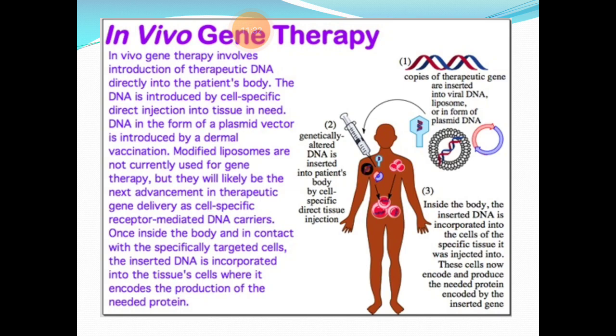So what exactly is done in in vivo gene therapy? See, the copies of therapeutic gene, that means good genes, are inserted into either viral DNA or into liposomes or in the form of plasmid DNA, and later the genetically altered DNA is inserted directly into the patient's body by cell-specific direct tissue injection, and once inside the body, the inserted DNA is incorporated into the cells of that particular tissue, and these cells will now produce good functional proteins by the good genes, and therefore the patient becomes normal as far as that particular deficiency is concerned.